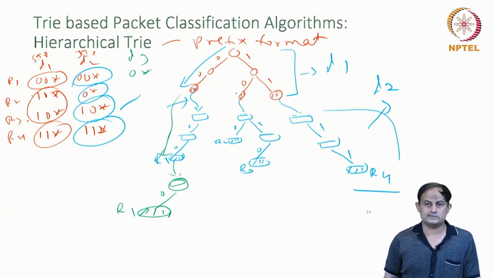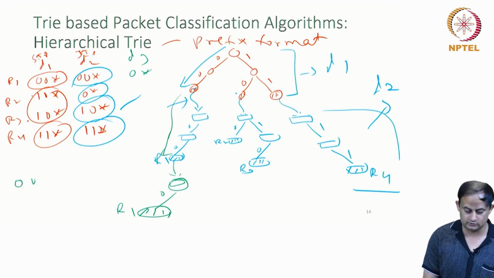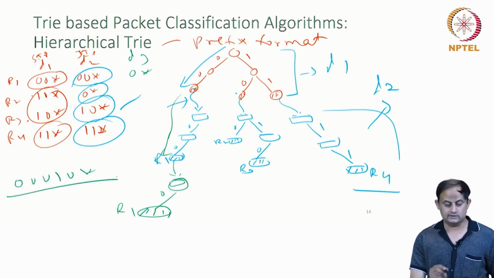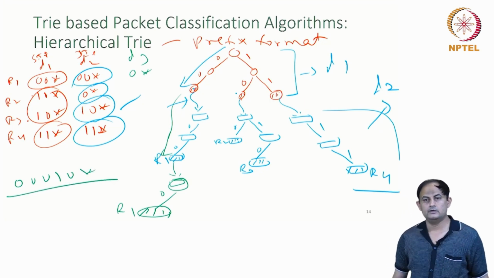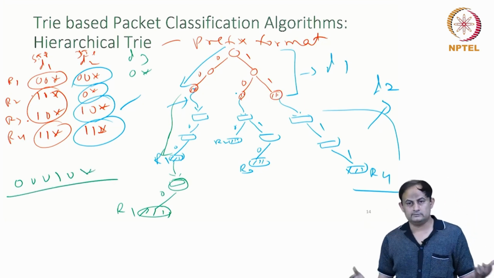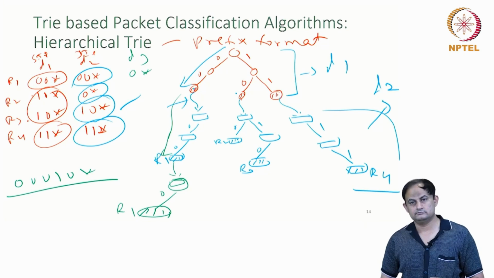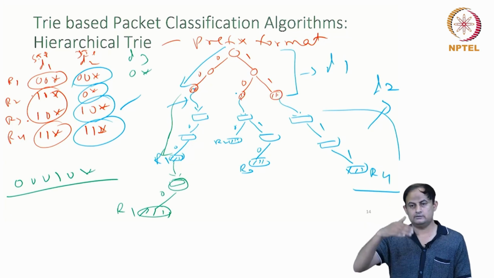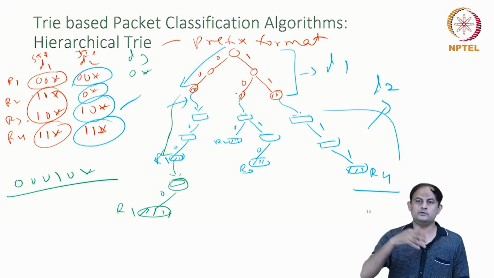When I say width, this is the width of, for example, 0 0 0 1 0 star. What is the width of this? In this case it is 5 bits. W is the width and D is the dimension. In the worst case, what is the lookup time this data structure is going to take? W times D. Every dimension I am going to make W references.